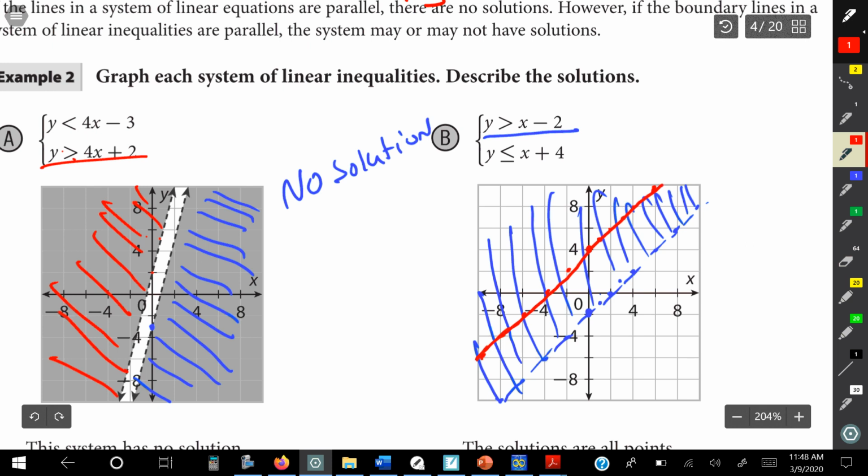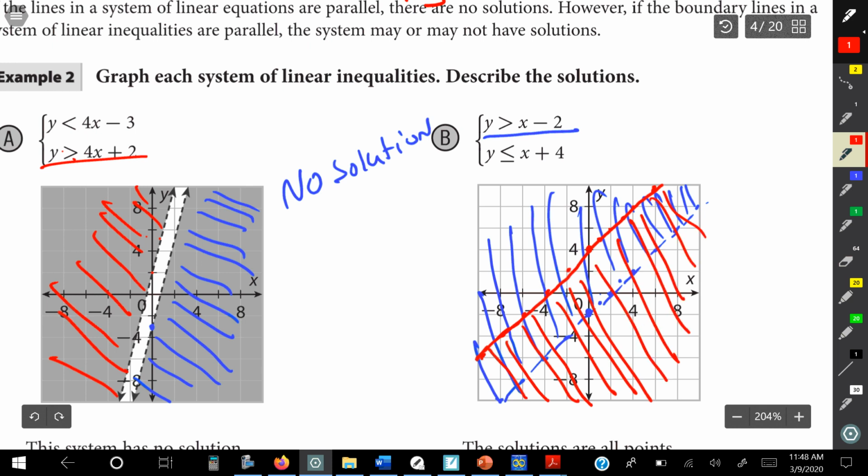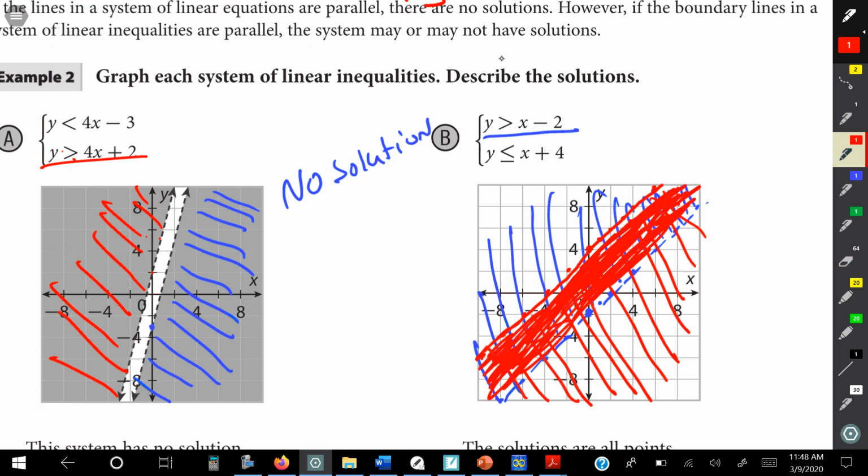And it says to shade down. Now on this one, the part where they overlap, same as the other ones, is the solution. So the solution is in between here. That's how you do those with parallel lines.